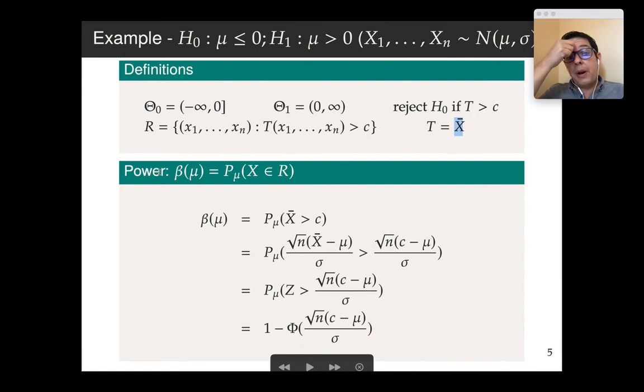We need to use the definition of the power function, which is beta, for the parameter mu.